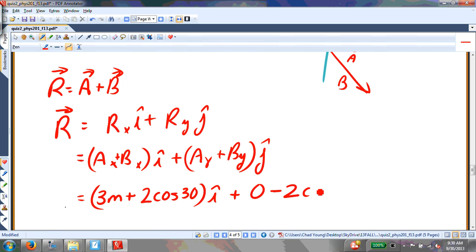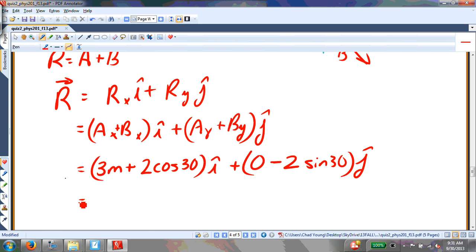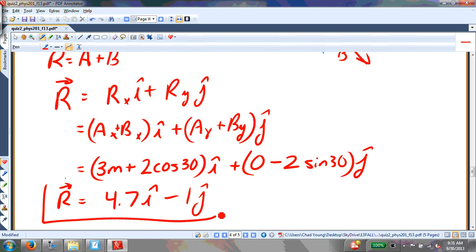By is negative 2 cosine 30, or excuse me, not cosine 30, sine 30. That's in the j direction. And this works out to be 4.79 i minus 1 j. So that is my vector R in vector notation.